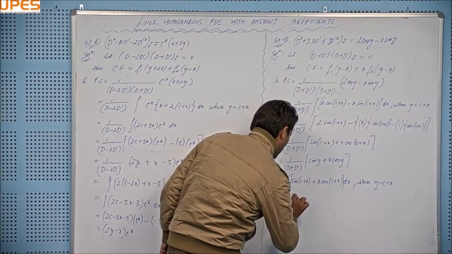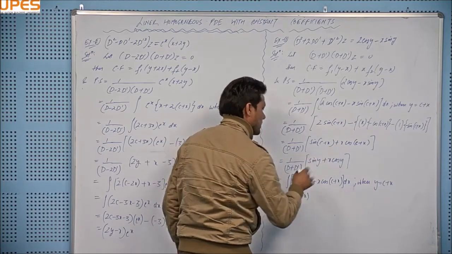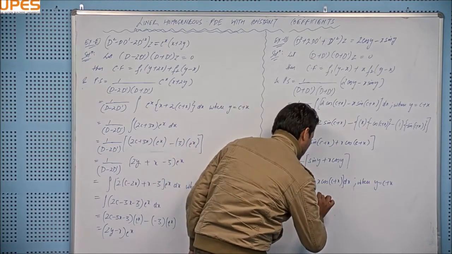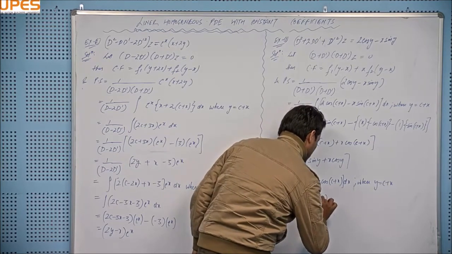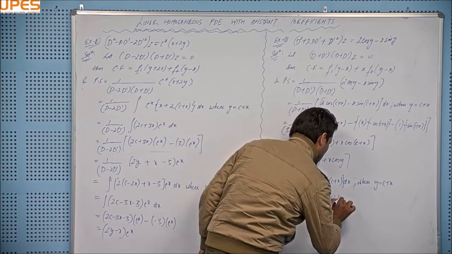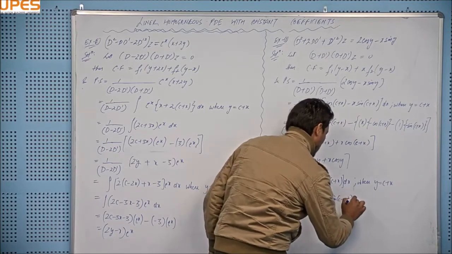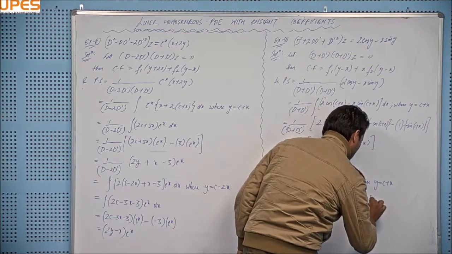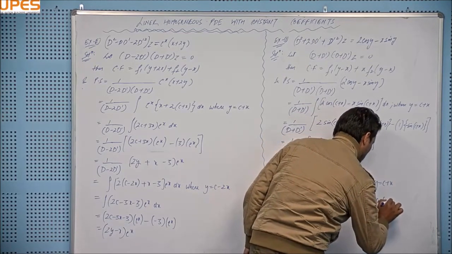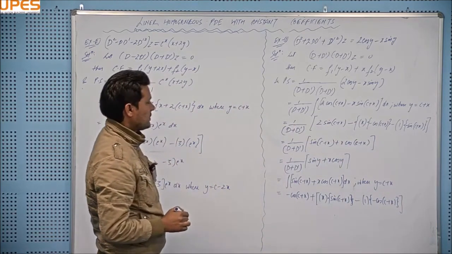The integration of sin is minus cos(c plus x) for this term, and for this term again that rule: x, integration of cos is sin(c plus x), minus 1, integration of sin is minus cos(c plus x). That's it.